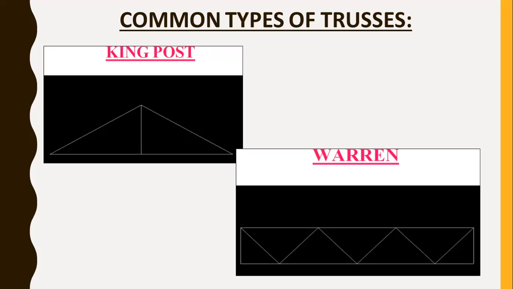There are many different types of trusses, but here I can explain some of these. First is the king post. It looks like a triangle shape, right? Warren starts with the letter W. It means the shape of the truss is mostly in a W shape.